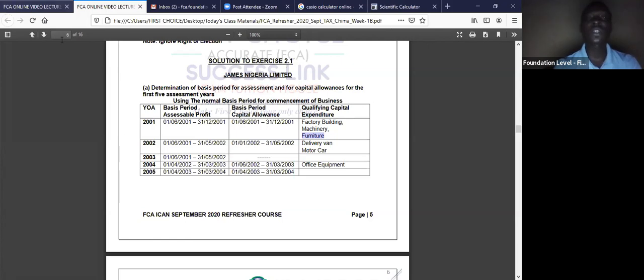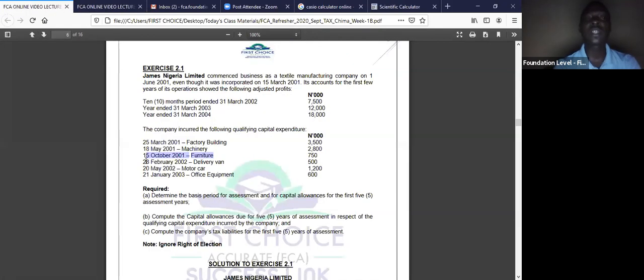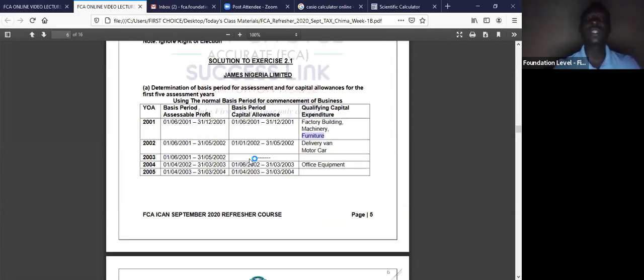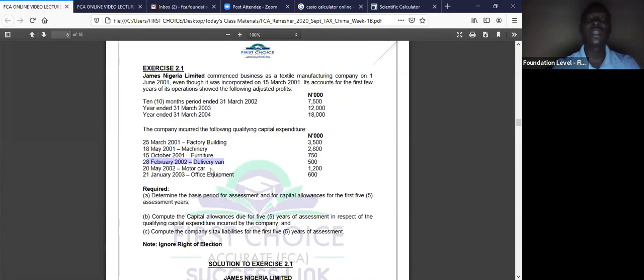So the next one is February 28, 2002 motor van. We'll look for the capital allowance period that has February 28 in it. If we look here, this is January, of course, so February will be inside here, so that qualifies motor van. We look at the delivery van, which is May 2002. So let's check.